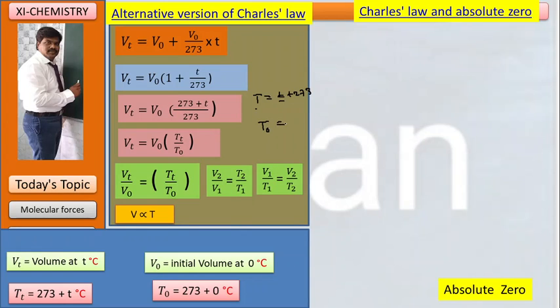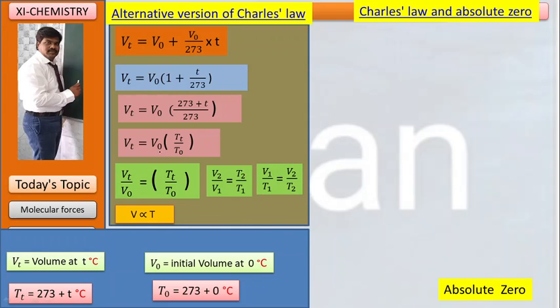T0 means absolute temperature, that is, initial temperature is 273. Tt means the absolute temperature at t degree centigrade. T0 means absolute temperature only. So here 273 plus t, instead of that I am writing Tt, and T0 means 273, we can represent it as T0.